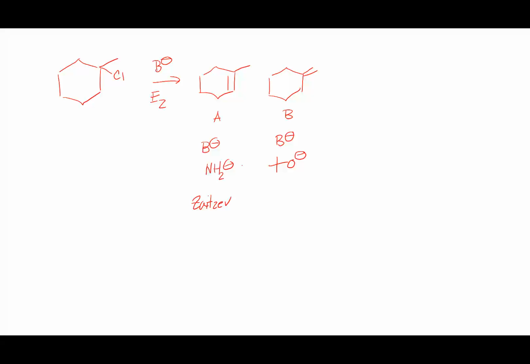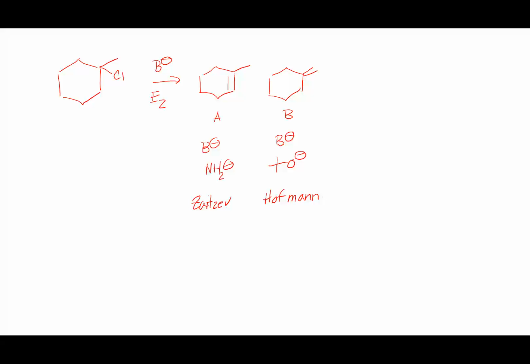Various spellings. Did we ever call B anything? Sometimes people will call B the Hofmann product. One F, two M's. I thought it was Hofmann for a while, but I'm wrong.